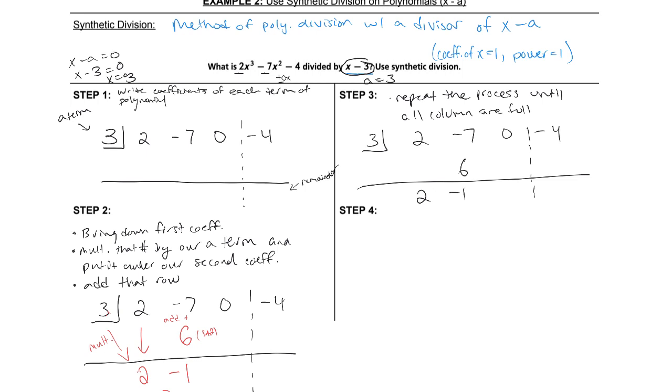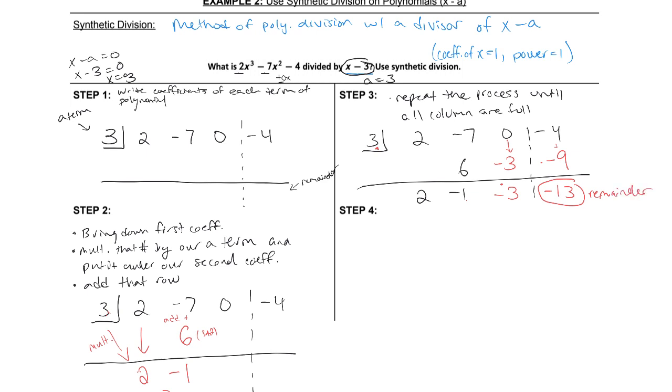Now I'm going to multiply 3 times negative 1, and I'm going to get negative 3 here. Then add my 0 and negative 3 together, and we get negative 3. Now I'm going to multiply this negative 3 times 3, and that will go here, which is negative 9. And then add these together, and I get negative 4 plus negative 9 is negative 13. Okay. So this is my remainder.